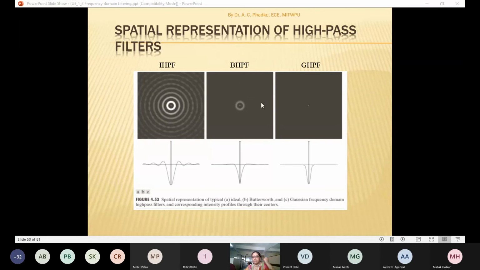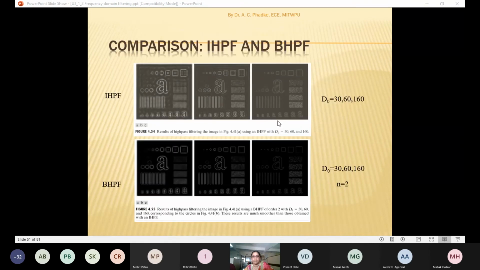If you look at the Butterworth high pass filter or Gaussian high pass filter, it doesn't have this ringing effect. So this is all about the ideal high pass filter and the Butterworth and Gaussian high pass filters.